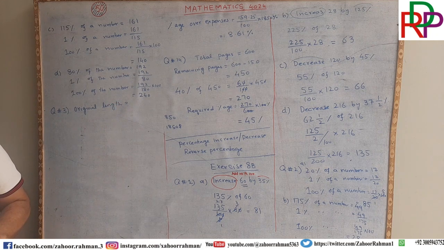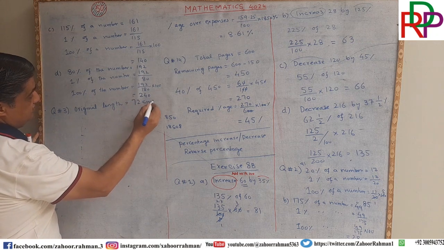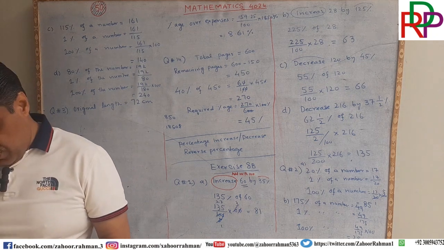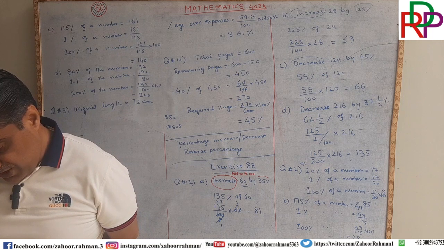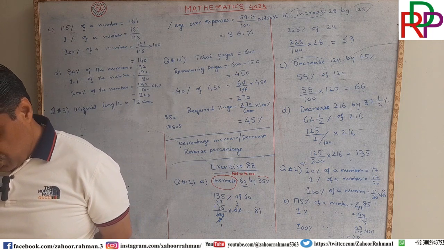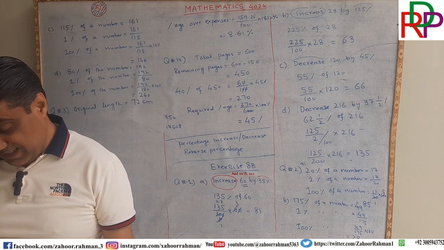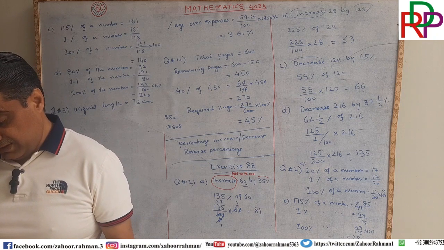It is given as 72 centimeters. When we are stretching it, it is stretched to 90 centimeters. So find the percentage increase, and that is the main purpose of this topic, that we have to find percentage increase.